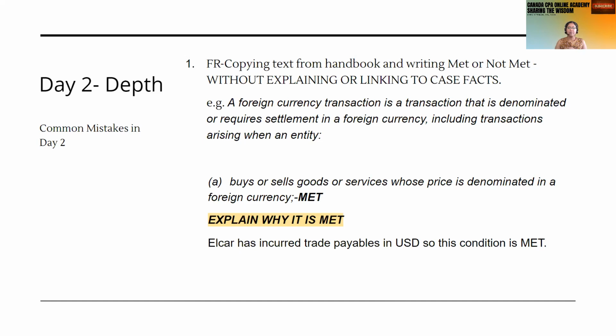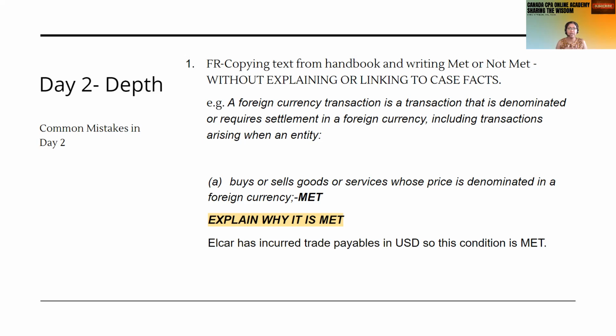Take an example. This is a foreign currency AO, and so the foreign currency definition is given. First condition is buys or sells goods or services whose price is denominated in the foreign currency, and met. Students stop here and move on to the next condition, but that is not expected.